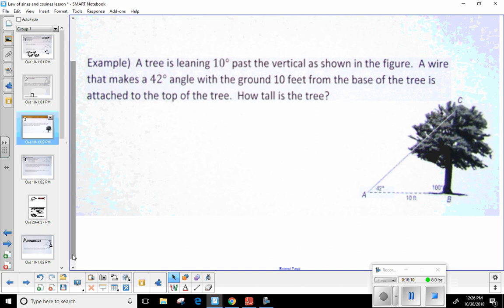So hopefully this problem doesn't stump anybody. Hopefully you won't feel that law of sines and cosines bark is worse than its bite. It's a tree problem.